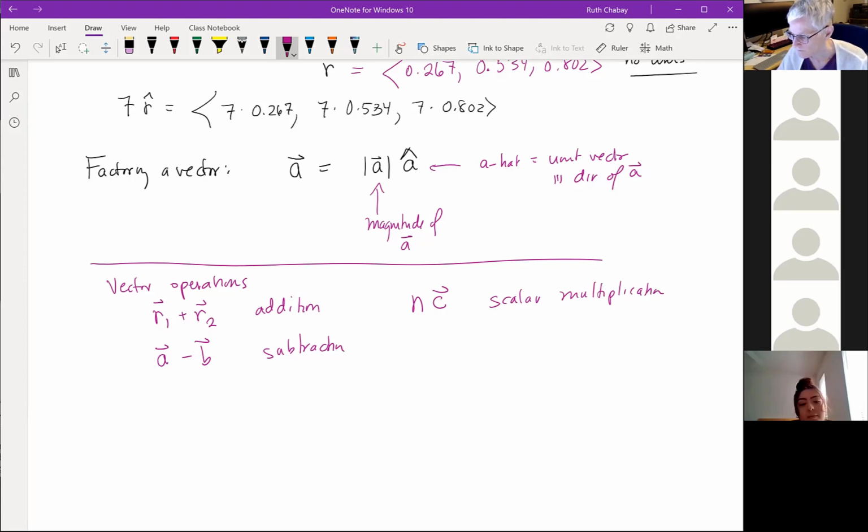We can find the magnitude of a vector d, which is the square root of dx squared plus dy squared plus dz squared. And we have the unit vector in the direction of d, which is the vector d divided by the magnitude of d.